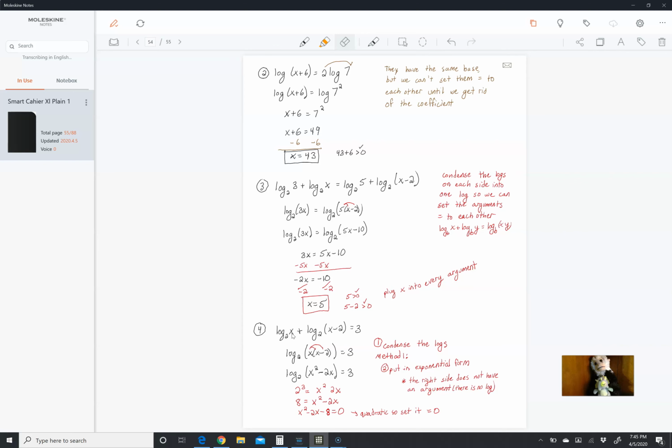As soon as it doesn't work for one of the arguments, you don't have to plug it in for any of the others, okay? If we plug in x equals 4, that does work. This makes this argument positive. Then we have to keep going. So we have to make sure it works for every argument. 4 minus 2 is also positive. So the x equals 4 is okay. The x equals -2 is extraneous. So let's just go and write that in the notes here.